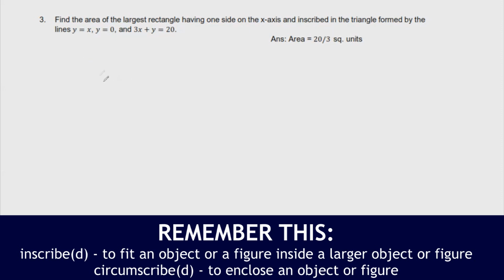Just to give you an example, if we have a circle and I want to fit a triangle inside of it, I can describe this as the triangle is inscribed in a circle. With that, the maximum area of this triangle is of our concern.